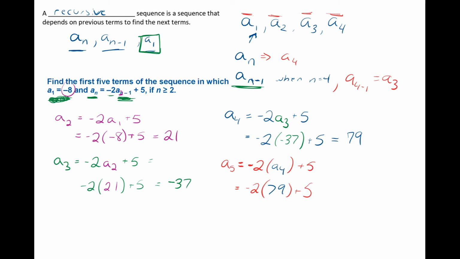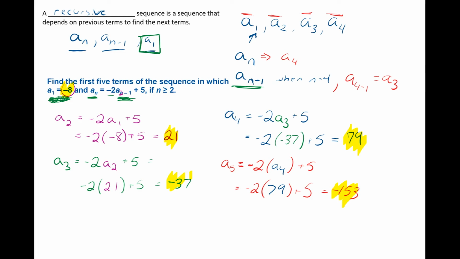Negative 2 times 79 would be negative 158 plus 5, negative 153. And so we have our first 5 terms: negative 8, 21, negative 37, 79, negative 153.